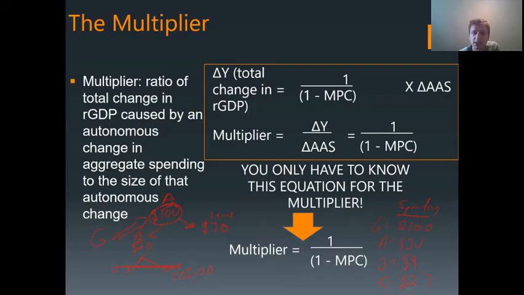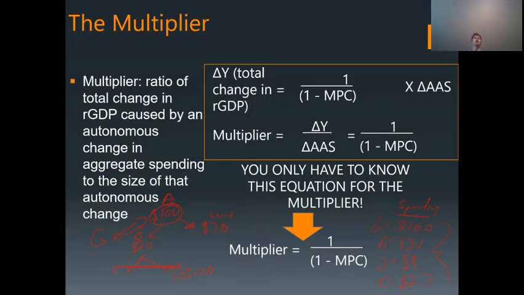So all of this spending, you can think, is added to our aggregate spending, added to our GDP, added to our consumption. So there is an easier way to do that than going through each individual. And that's what the multiplier really is. So the multiplier is equal to 1 over 1 minus MPC, or 1 over MPS. You take that and you multiply it by the autonomous change in GDP.